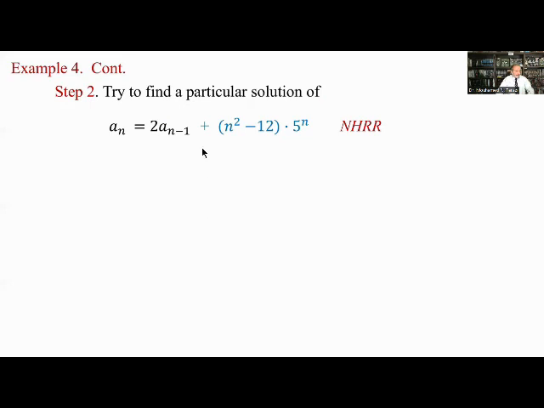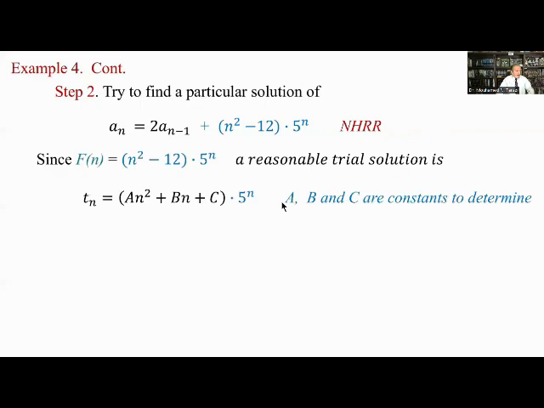Since this is a polynomial of degree 2 times 5 to the power n, we will try, we're not sure we'll succeed, to find a solution of this form: a polynomial of degree 2 times 5 to the power n. A, B, and C are constants to be determined.